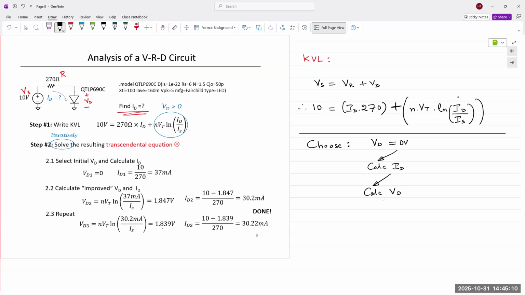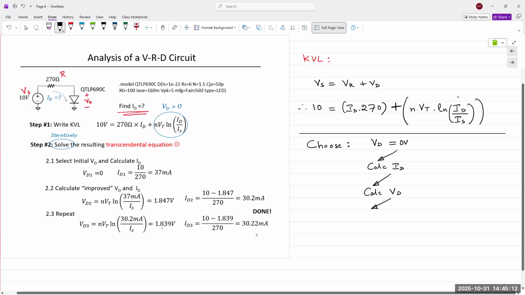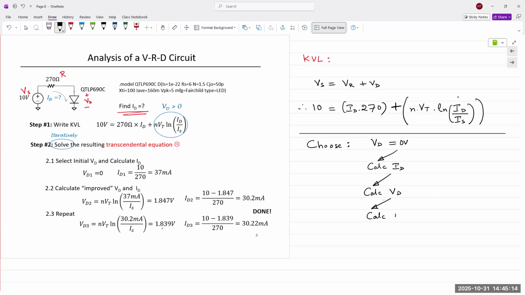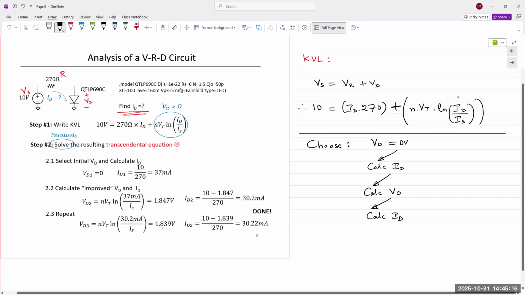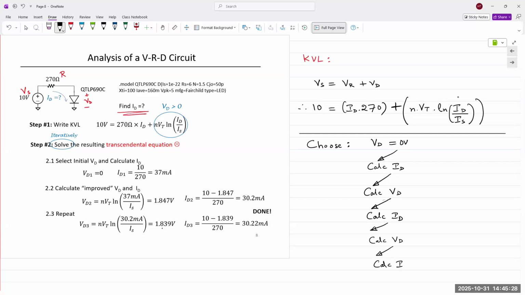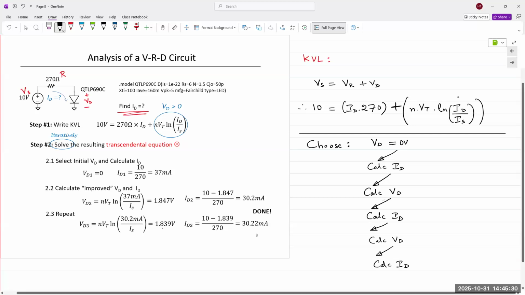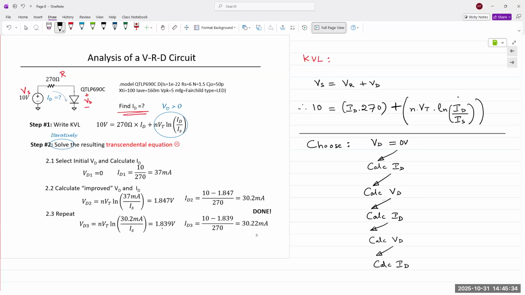From that VD, we calculated ID again. And from that ID, we calculated VD one more time. And finally, we use that to calculate ID. So kind of 3 steps. And we can keep doing this until a result matches the application.